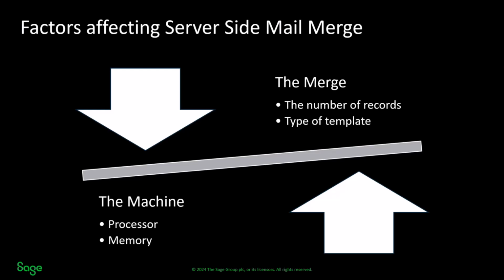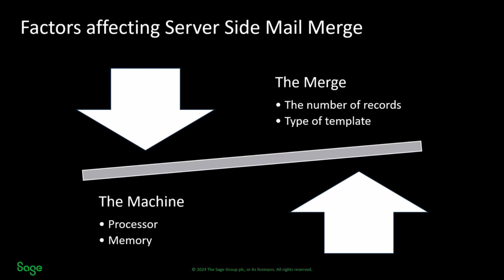If you're using a single page template, which is only using very simple text, that will be faster than if you're trying to run a multi-page merge, perhaps pulling in information with a nested merge from the orders and order items table, or the quotes and quote items table, and if you're including images within the document.